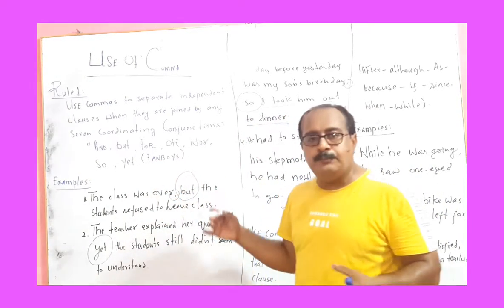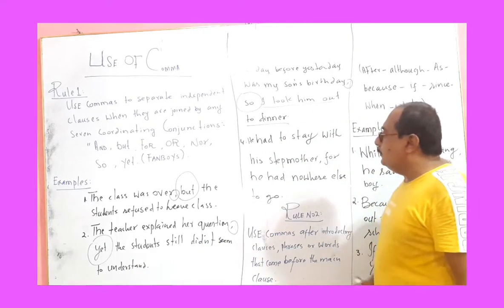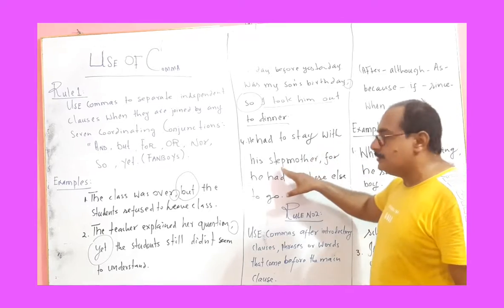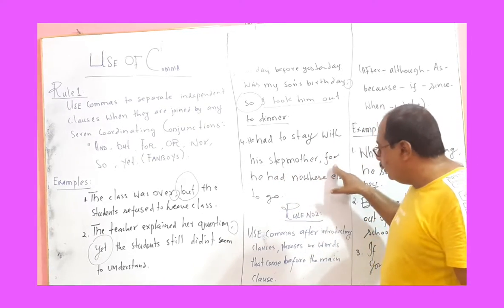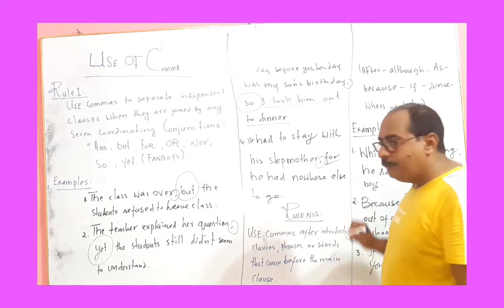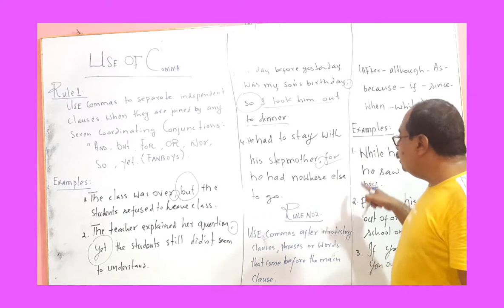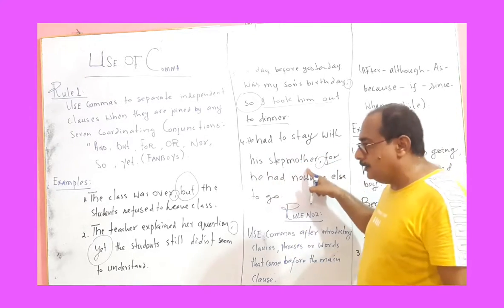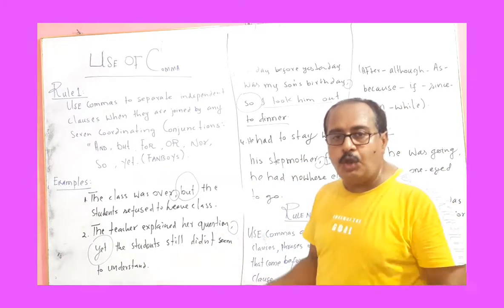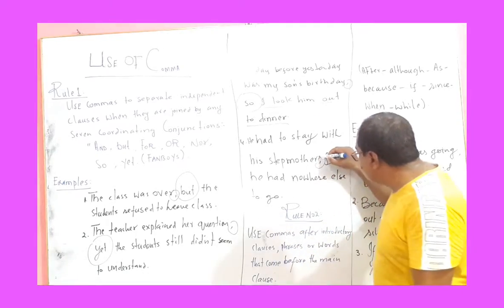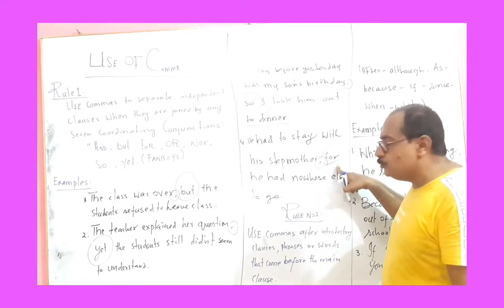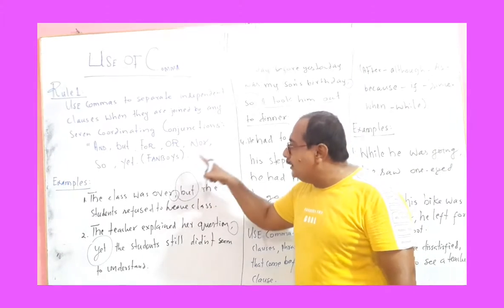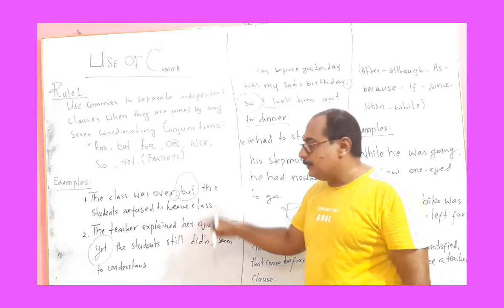They are called FANBOYS. See the number 4 example. He had to stay with his stepmother, for he had nowhere else to go. He had to stay with his stepmother is an independent clause. Separating it, we are using a comma, and then we are using for here. For is also part of the FANBOYS.